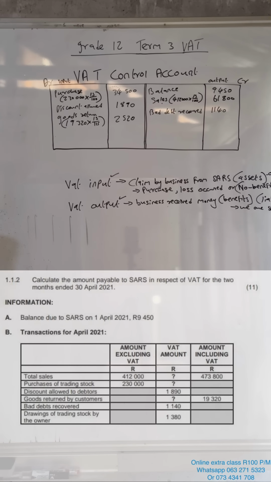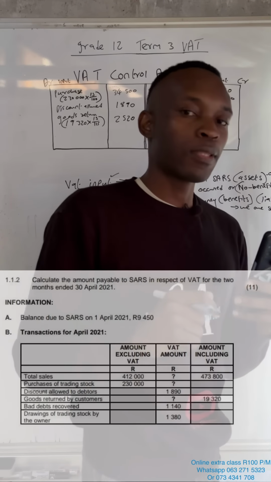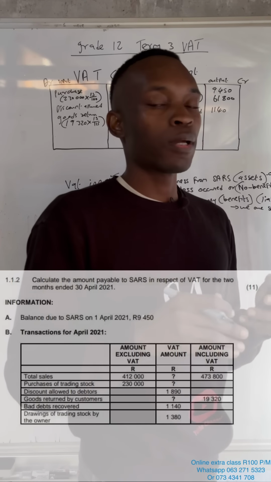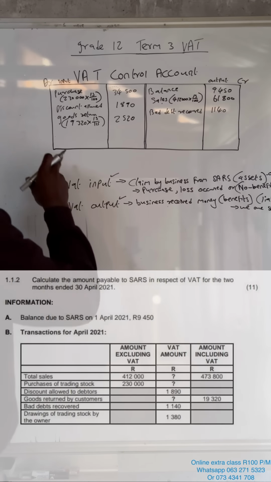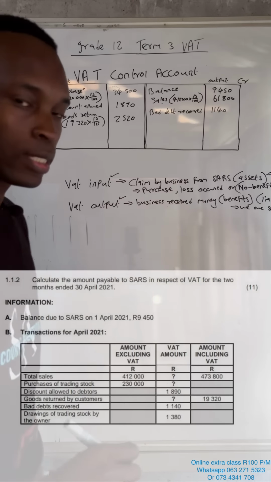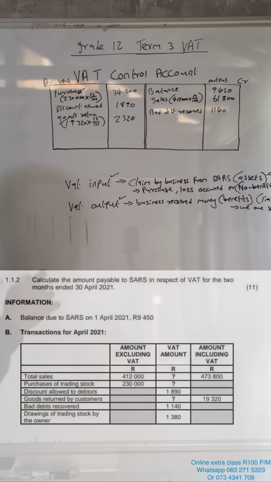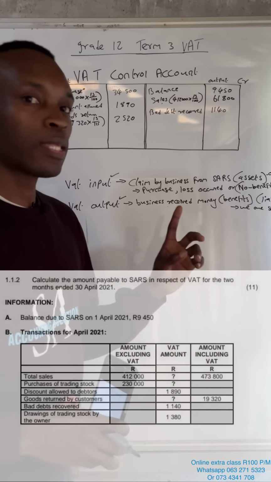Okay, drawings of trading stock by the owner. The owner withdraw the stock. Guys, listen very carefully on this one. Remember, this stock that was withdrawn by the owner, it was never sold to customer. So in other words, this is the amount that we claim from SARS when we purchase, okay, from that stock. But the reason why SARS allow us to claim is because they know that at the end of the day, we are going to sell it and they're going to benefit.